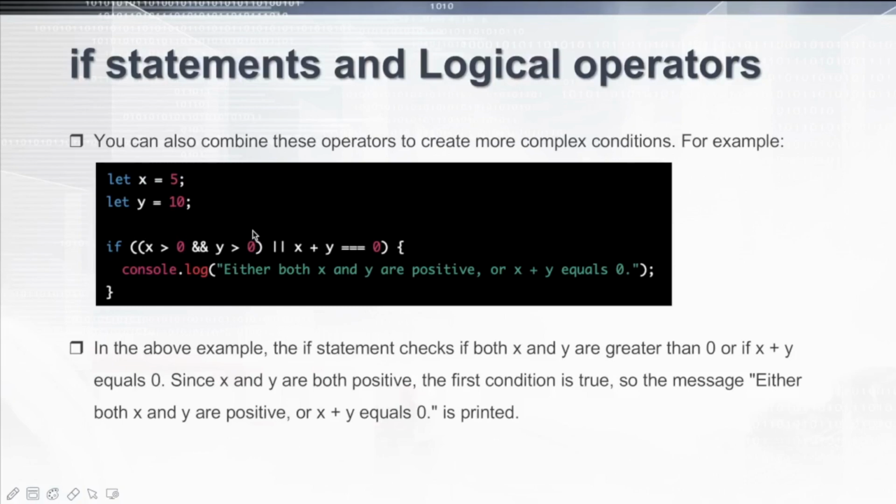In this example, the first thing we are checking is if x is greater than 0 and y is greater than 0, or x plus y is equal to 0. If any of this is true, then it says either both x and y are positive, or x plus y equals 0. So we can combine them in this way.